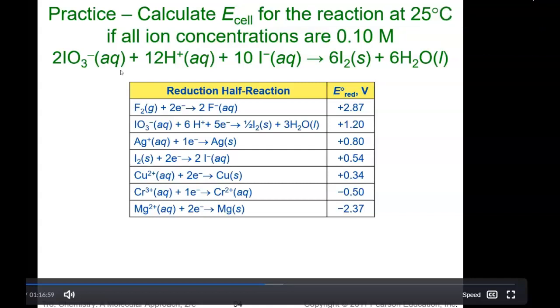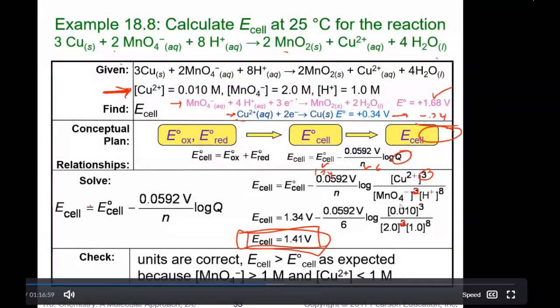Can I see the answer for that last slide just really quick? Sure, let me just go back. I got 1.41. Okay. Oh, Adrian, you got 1.45? Okay, that's perfect.